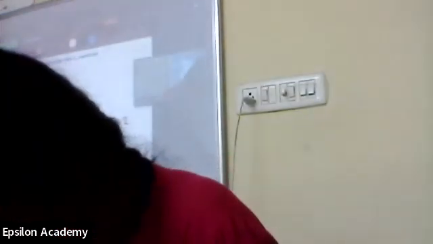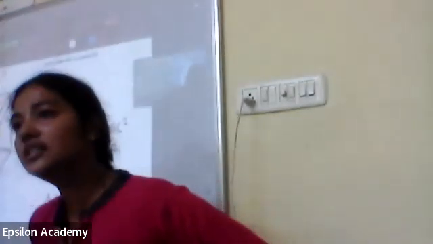Okay, no issues for the variables. Now, AD square is equal to 3A square. Clear? AD is equal to root 3 A. Till now you got this thing.